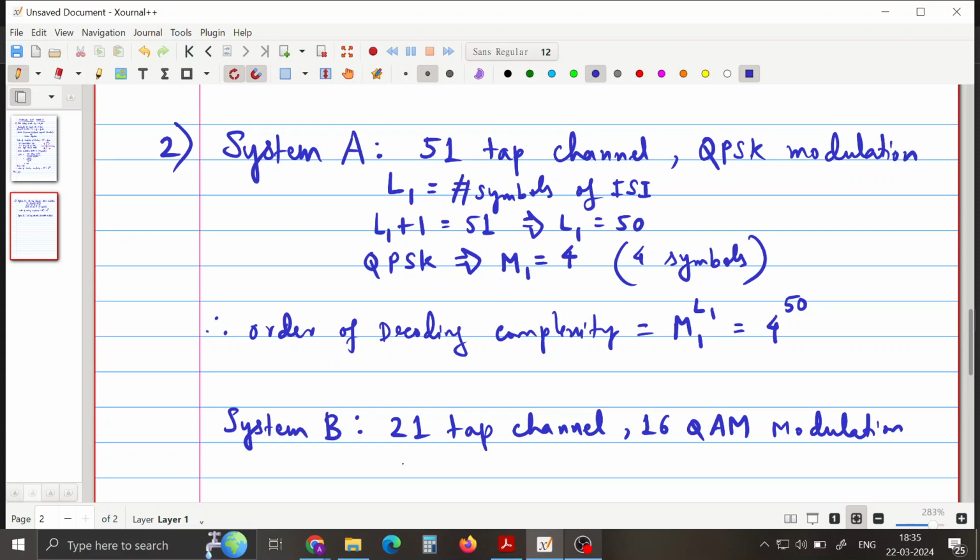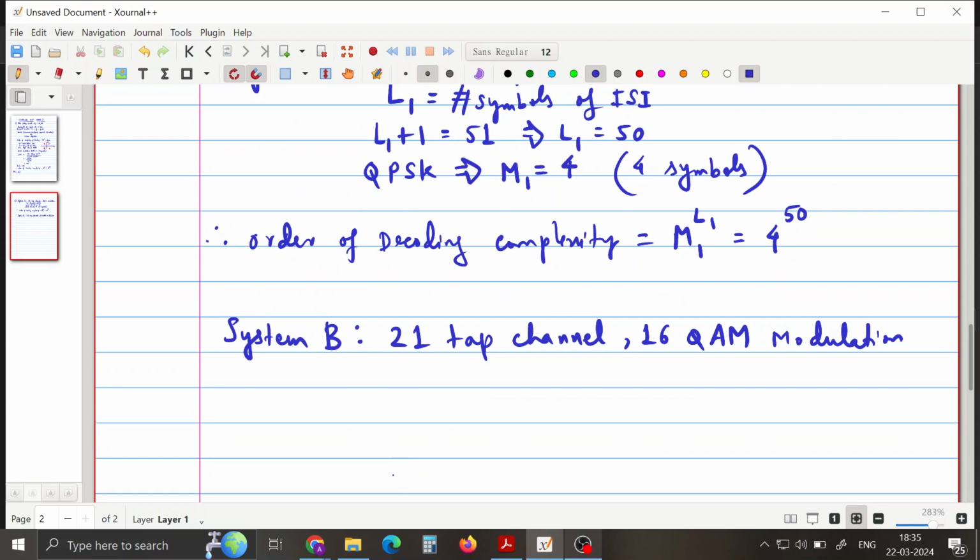So now I'll use L2 and M2 as notation for system B. L2 is the number of symbols of ISI, and L2 plus 1 is your total number of taps, which is 21. So that gives you L2 equals 20.